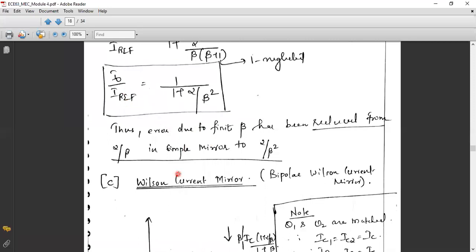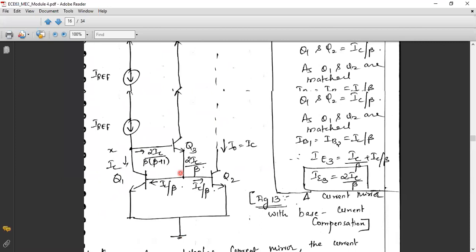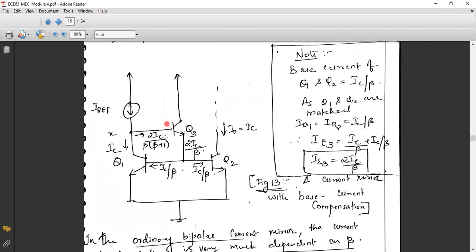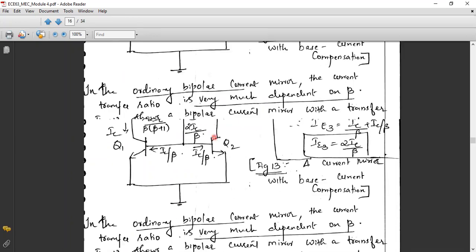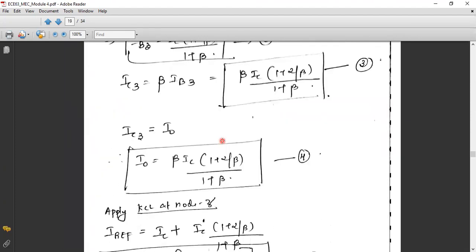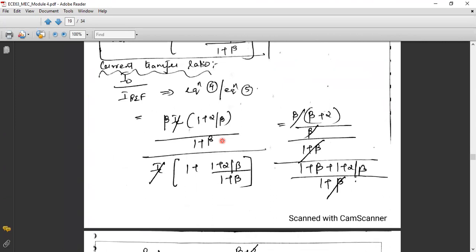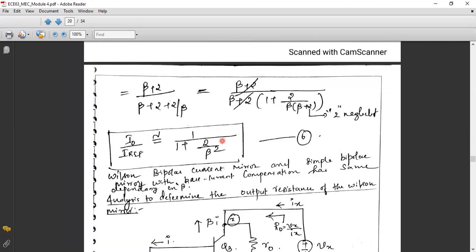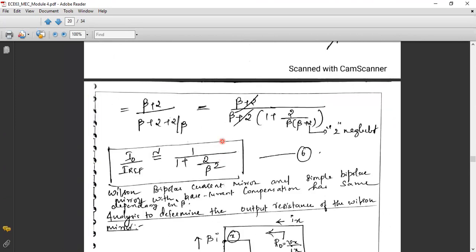So what Wilson concluded is that there is no need to go for this, because here Q3 needs another power supply, so that can be neglected. You can push this Q3 over Q2 and you will be able to attain the same current transfer ratio. So this is simpler than the previous one, with less power dissipation or fewer power supply requirements. That is what Wilson concluded.